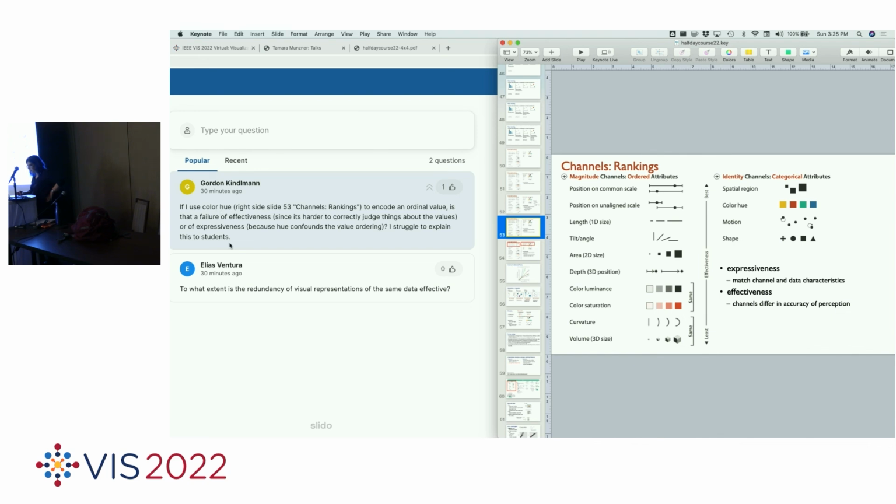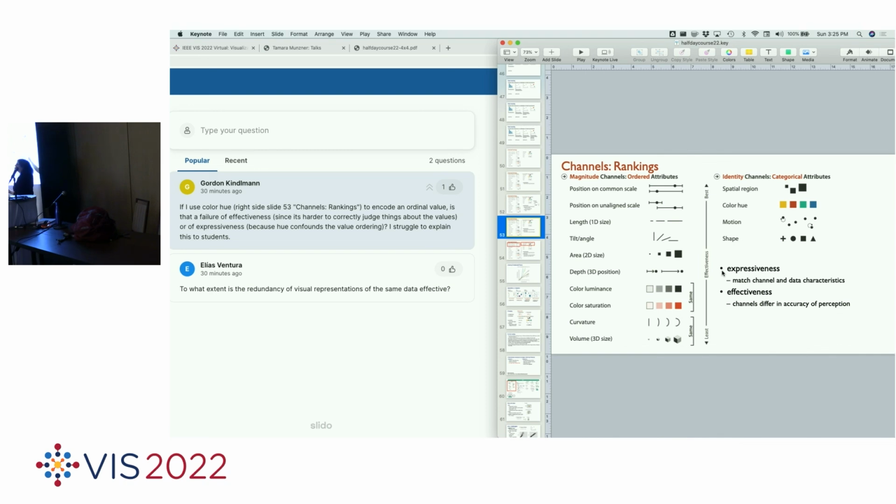I would say, what's also complex is that in some ways this question is foreshadowing a little bit the stuff we'll be talking about later in the color chapter, where we've separated color into hue, which is identity and thus good for categorical, versus things like luminance and saturation, which are good for magnitude. And a key thing is that there's not an intrinsic perceptual ordering with hue, the way there is, for example, gray is between white and black, but it's not necessarily the case that red is always in between yellow and blue.